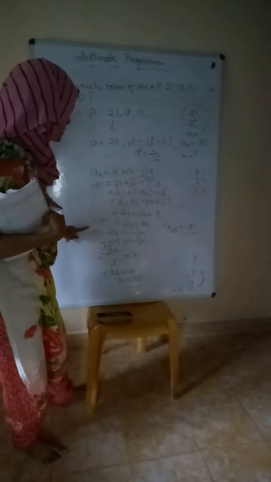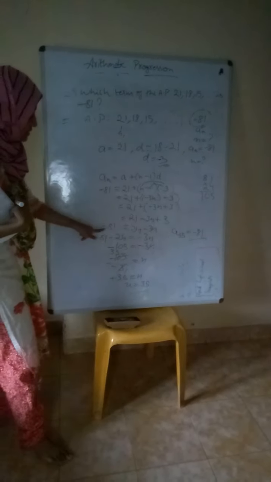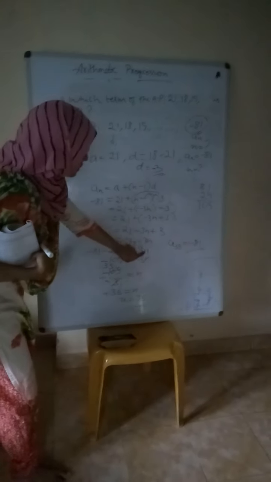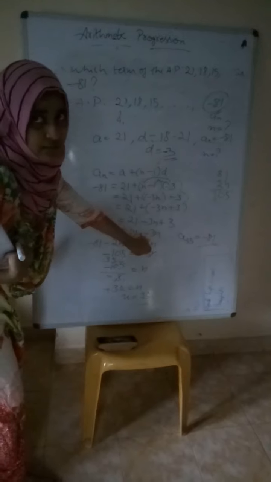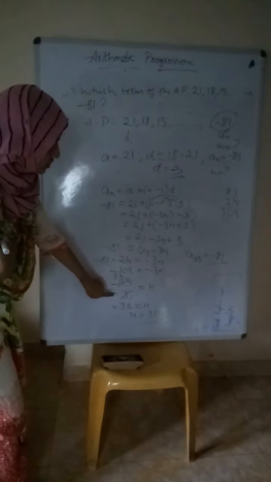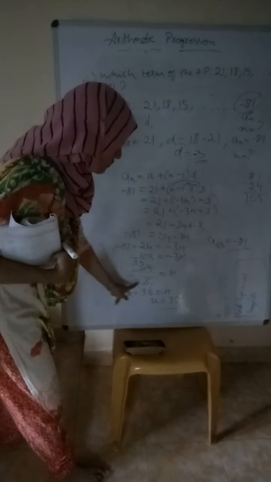You are taking this to this side, addition becomes subtraction. Minus 81 minus 24 is minus 3n. Here 3 is multiplied to n. When you take it to the other side, it becomes division. So 105 divided by 3, when you divide, n equals 35.